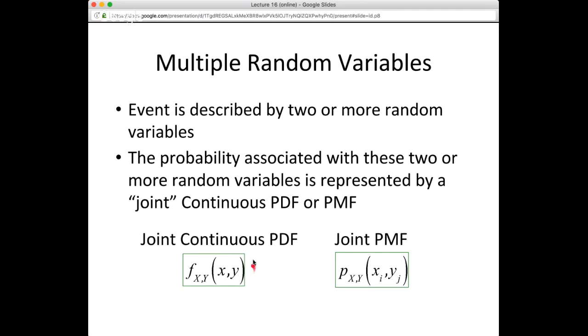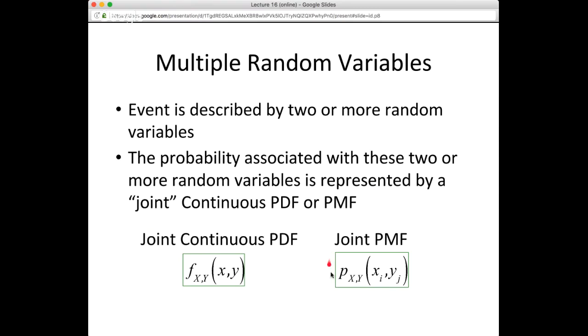kind of in the usual way. So for the joint continuous probability density function, in this case, we're looking at only two random variables. So the joint probability function depends only on random variables x and y. That probability density associated with those two random variables is going to be denoted here by little f, which is going to be evaluated then at a specific value of x, little x, and a specific value of the random variable y, little y.